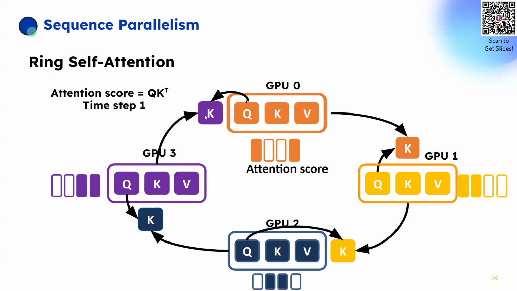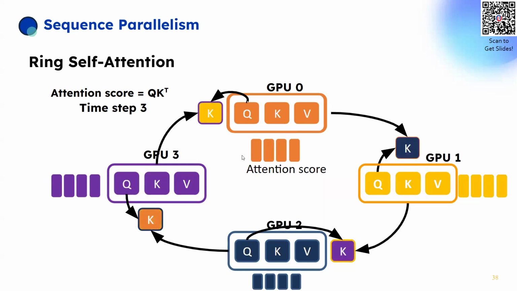To get a new key from my left-hand side neighbor, I send all the keys to my right-hand side neighbor, and then compute the second attention score. Next step, also get a new key and send all the keys to our right-hand side neighbor to compute the number 3 attention score, and then number 4 again. So in this way, we can finish everything.